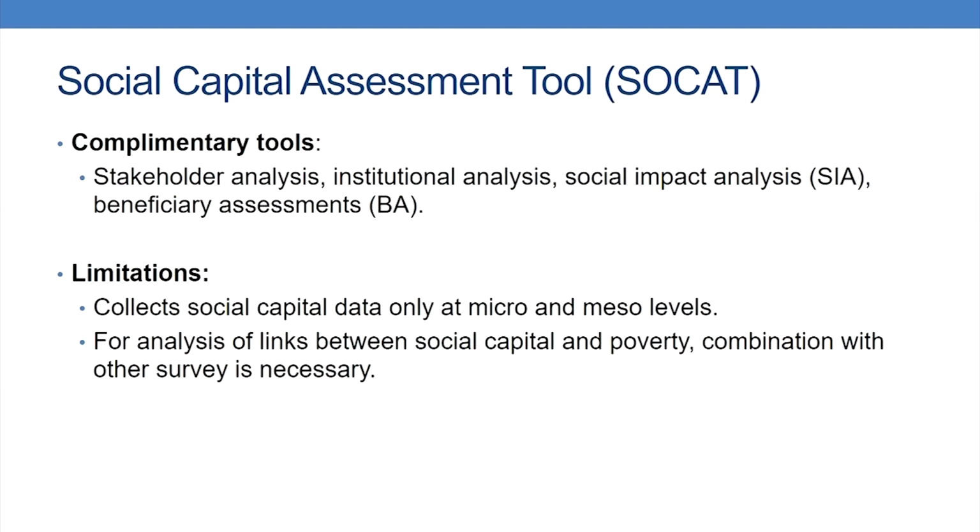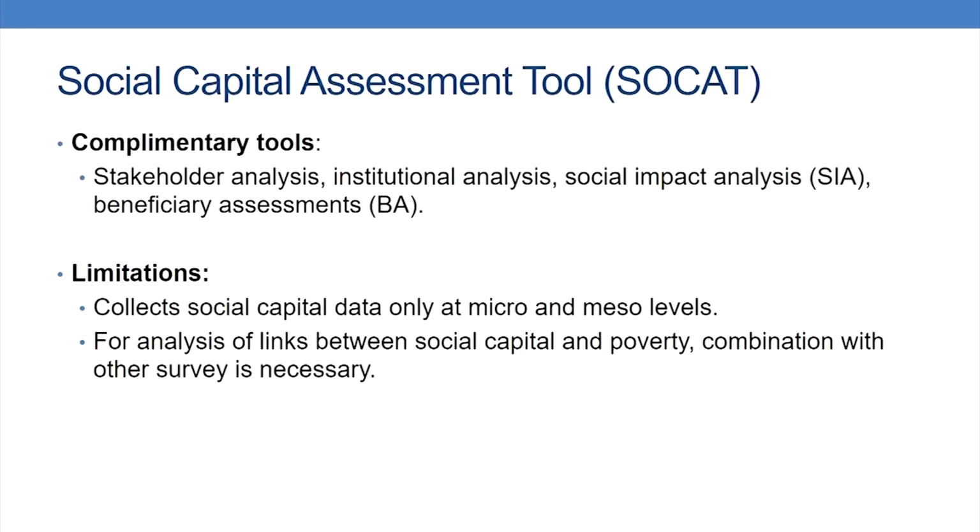Now, there are some of the other complementary tools that can be used with SOCAT. Stakeholder analysis, institutional analysis. If you remember the logical framework matrix that we have covered in one of the classes, we had touched upon stakeholder analysis. Now, understand that these tools can also be used simultaneously in conjunction with each other.